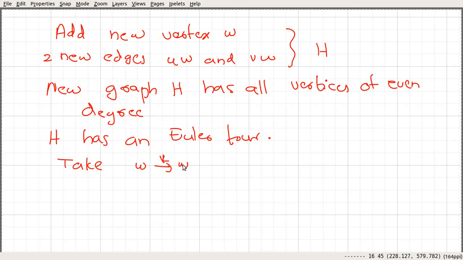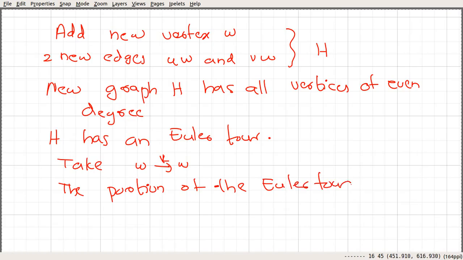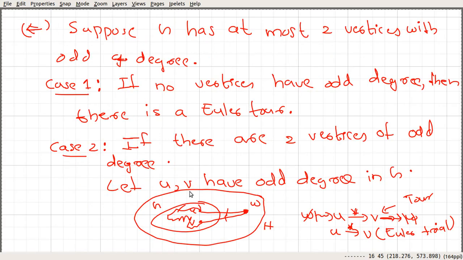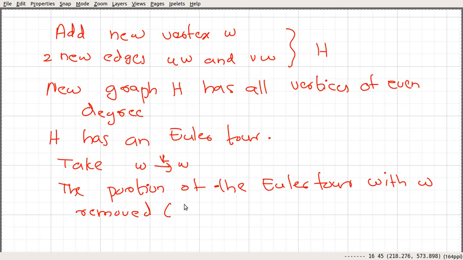tour, then cut down the portion of the Euler tour with W removed. W removed means we remove this W and these two edges, UW and VW.